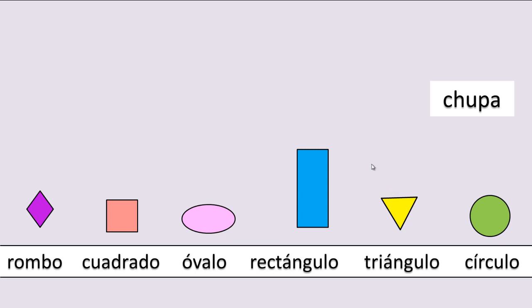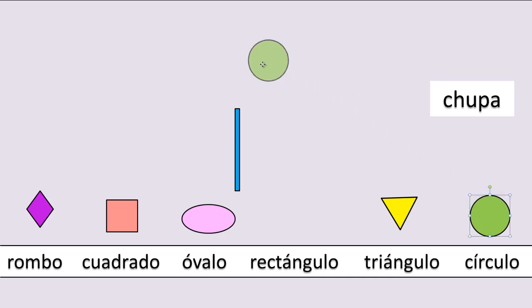So there again we have las figuras. Let's make the chupa just like they did. They took el rectángulo and they made it very, very estrecho. Then they took el círculo and made it muy, muy grande.